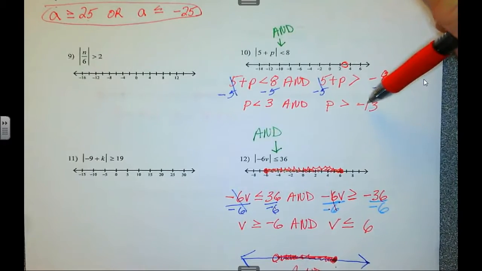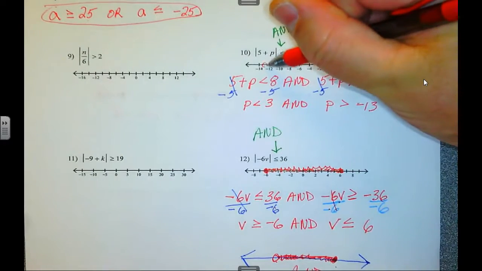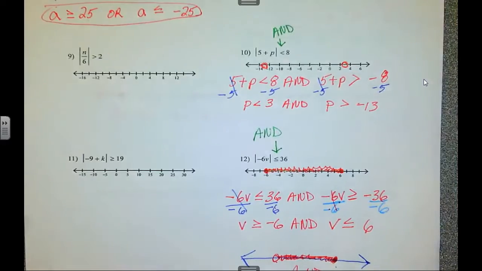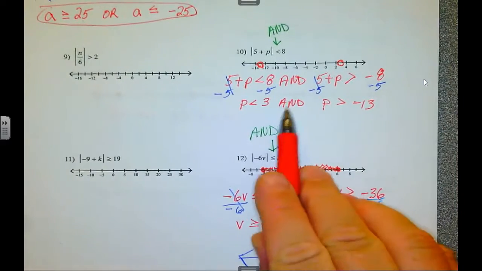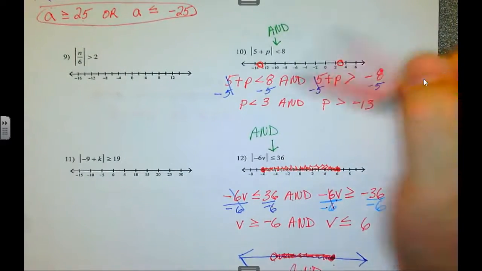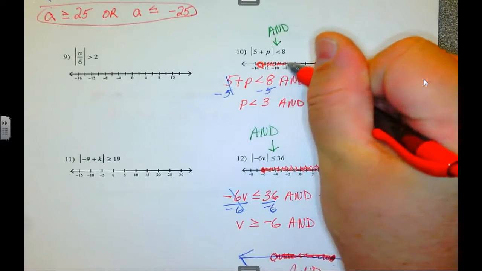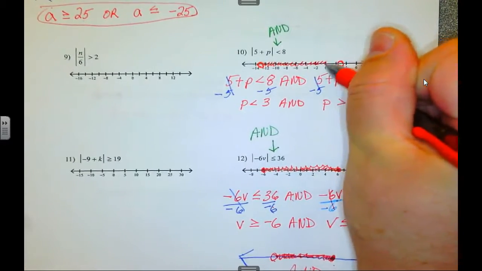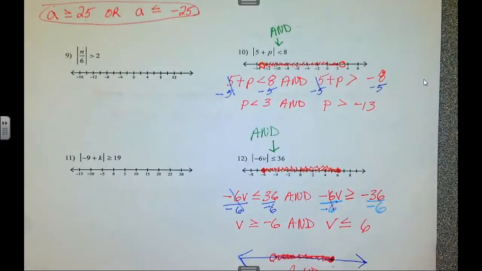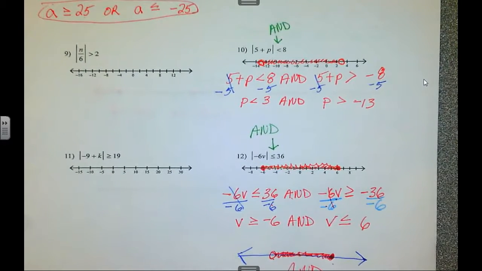And open at -13. And it's an and statement, so I'm going to shade in between my points. Easy peasy, right?